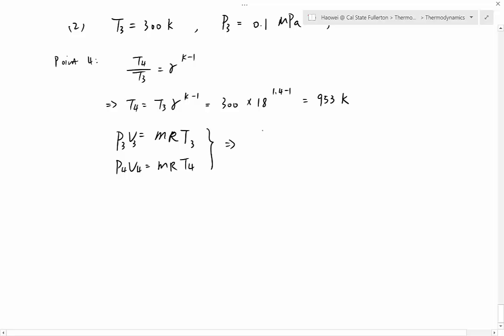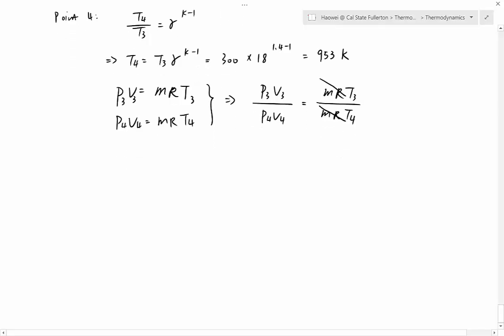What we do next is left-hand side divided by left-hand side must be equal to right-hand side over right-hand side. And now we can cancel m and R, and from algebra, we can move P4, the one I'm looking for, to the left-hand side, and everything else to the other side. That is P3 times V3 over V4 times T4 over T3.